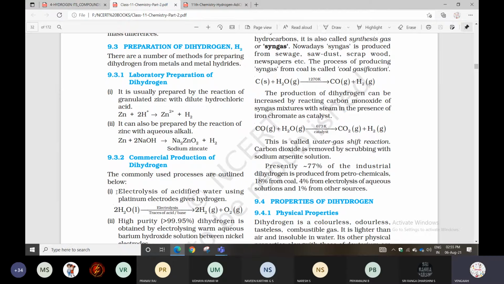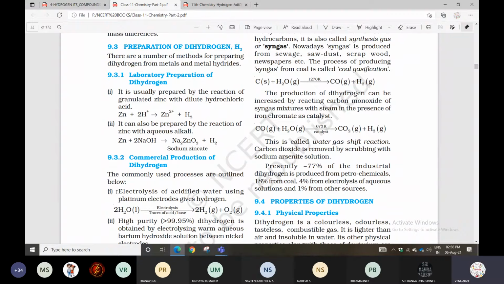Water can undergo electrolysis with a trace amount of acid or base, for example a little amount of acid or base. They gave electrolysis of acidified water using platinum electrodes gives hydrogen.